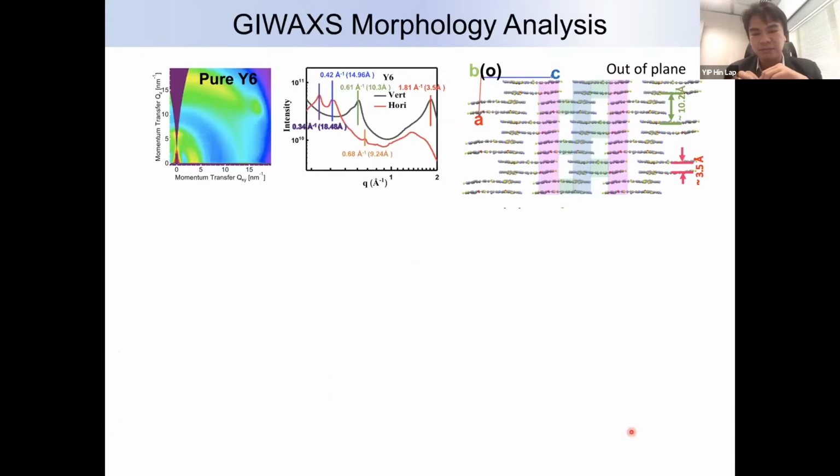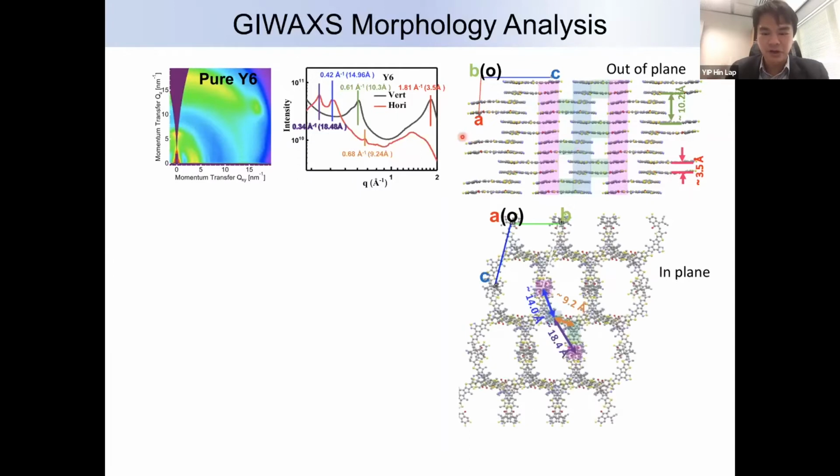And of course, the previous analysis just shows you that this is a crystal structure, which does not necessarily mean that when it is deposited into a thin film, it still maintains the structure. Therefore, analyzing the morphology and the crystal packing in the thin film is also very important. So we do a GIWAXS study with a pure Y6 thin film. And you can find that from the GIWAXS study, the out of plane peak contains two peaks, which correspond very well with the packing of the crystal structure we observe.